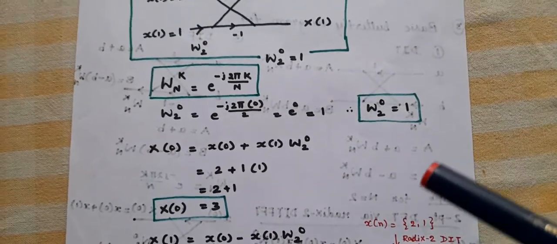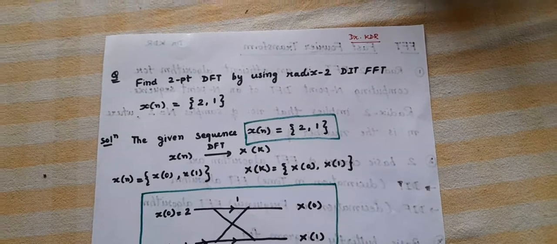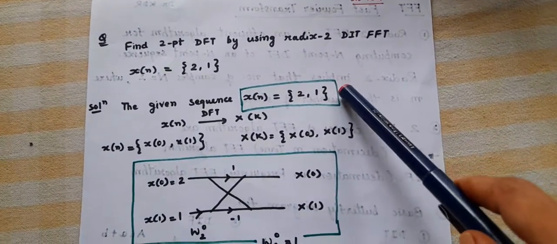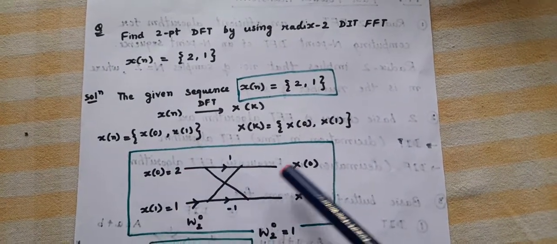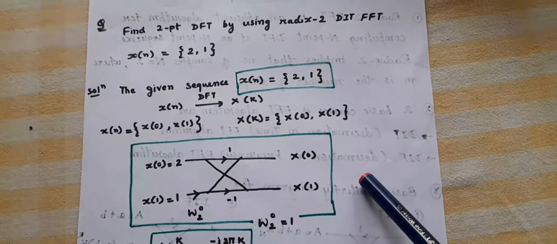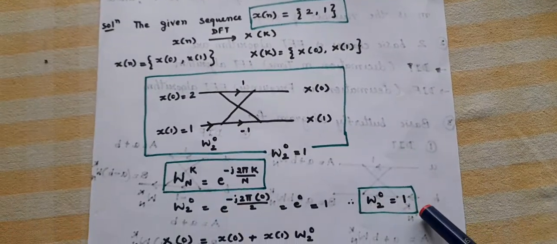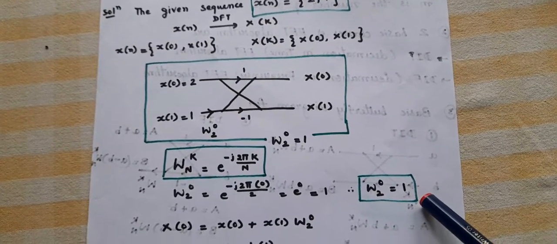So, let us once again summarize the steps for computing DFT using radix 2 DIT. The first step is the sequence. Substitute those values here, 2, 1. The second step is to draw the 2-point butterfly diagram of DIT. The third step is computation of the twiddle factor value, W2 to the power 0, which is 1.